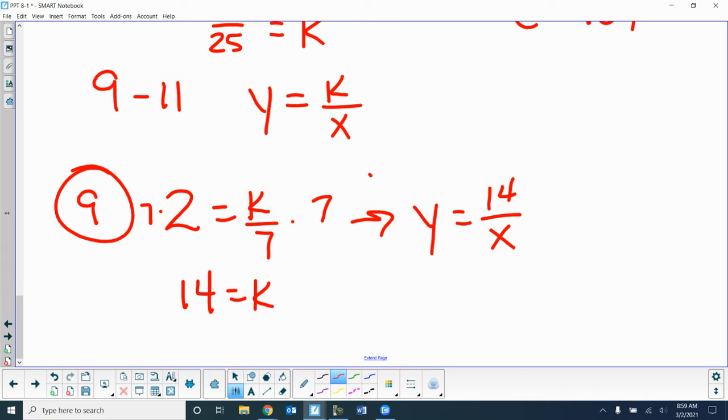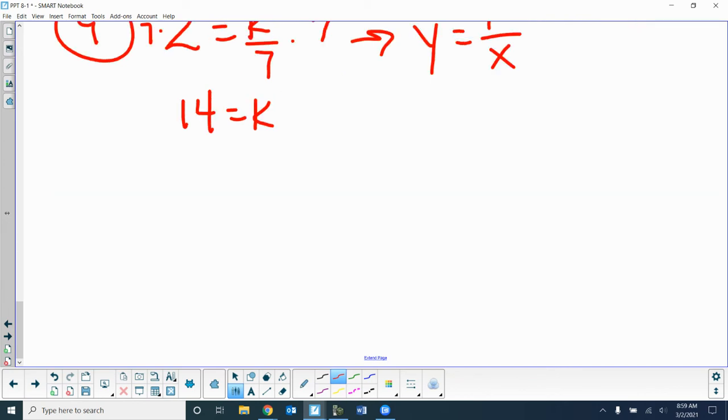Okay? The last one, 12, says this. The time t that it takes for a salesman to drive a certain distance d varies inversely as the average speed, r.